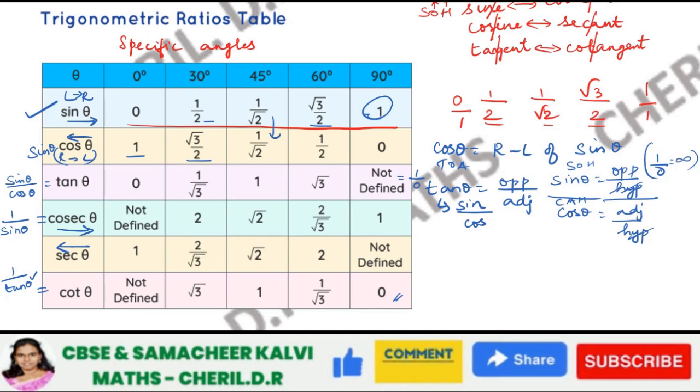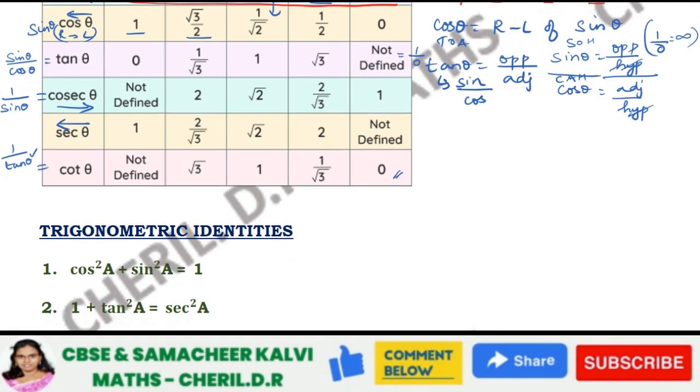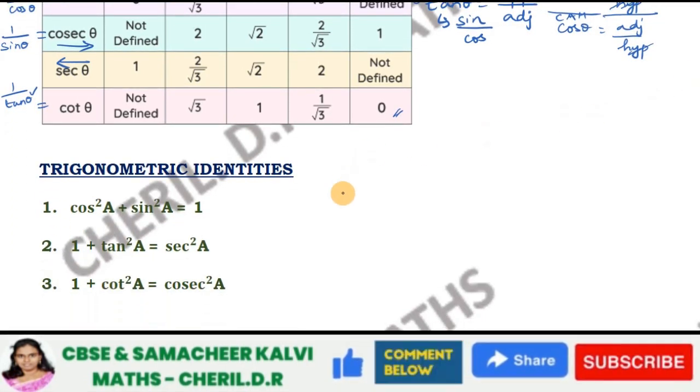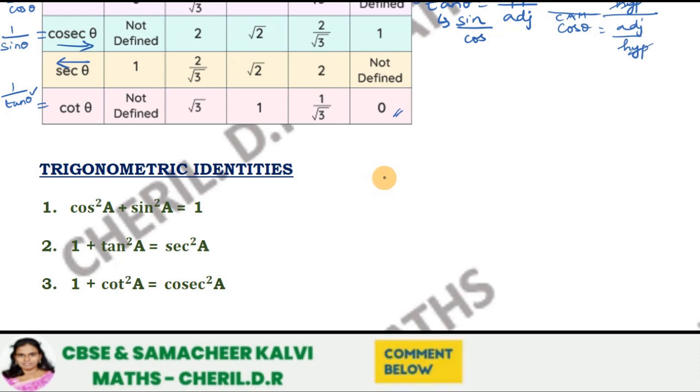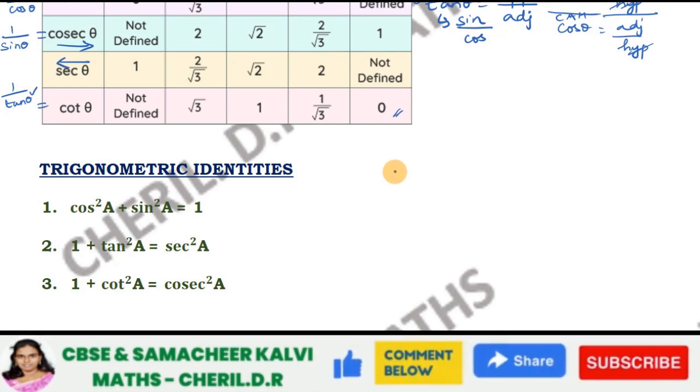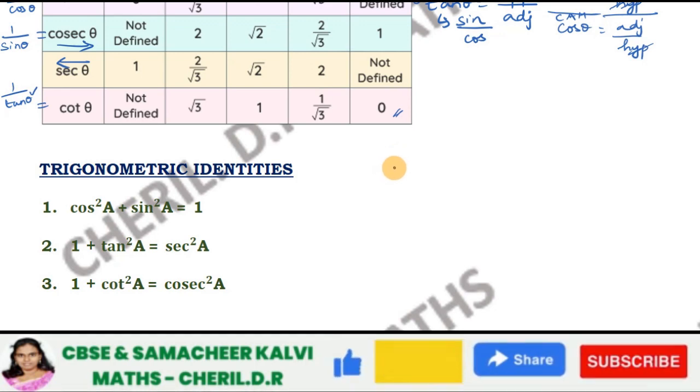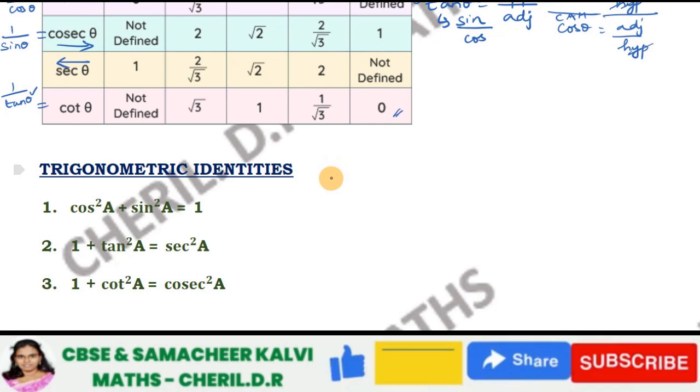Next, the final thing which we have to see is the trigonometric identities. In between you have a concept called complementary angles, which is deleted for the children in the 2022-23 batch. Okay. So now we'll get into the trigonometric identities.